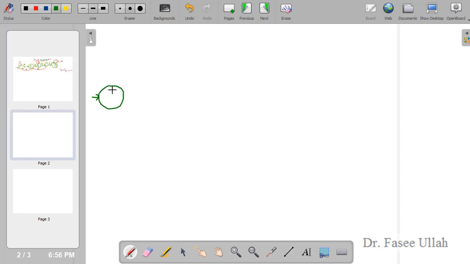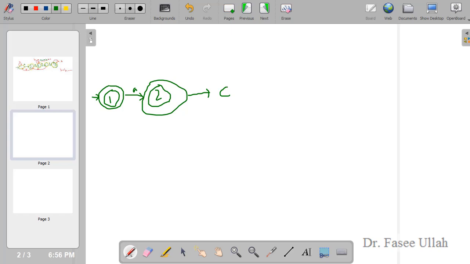This is 1, then we have 2, 1, and this is 2, right? So make a transition. Okay, this is A, same for here.